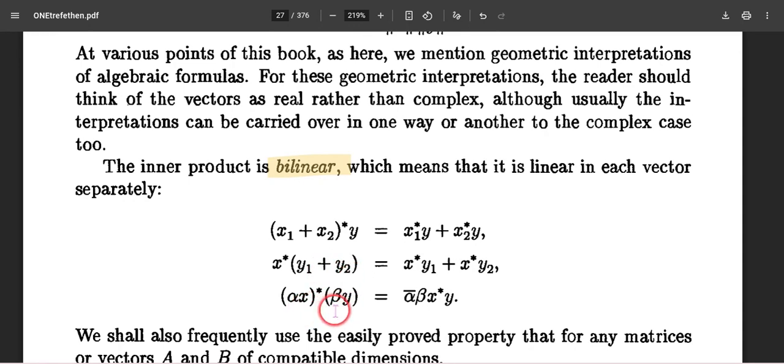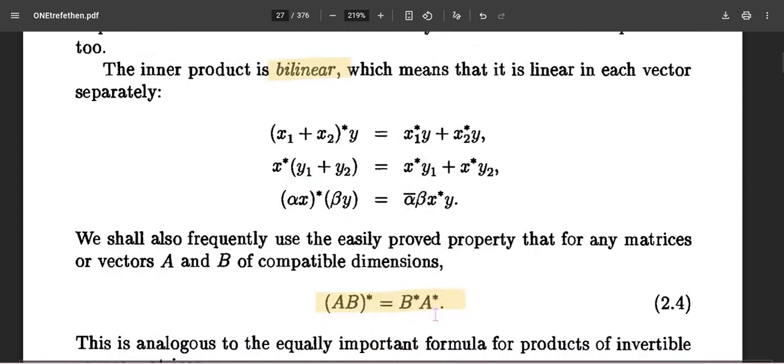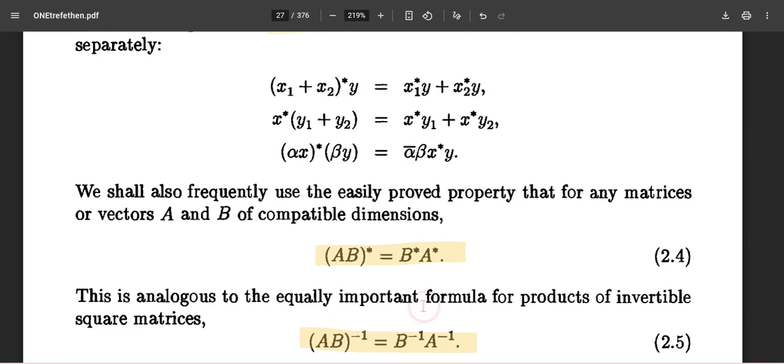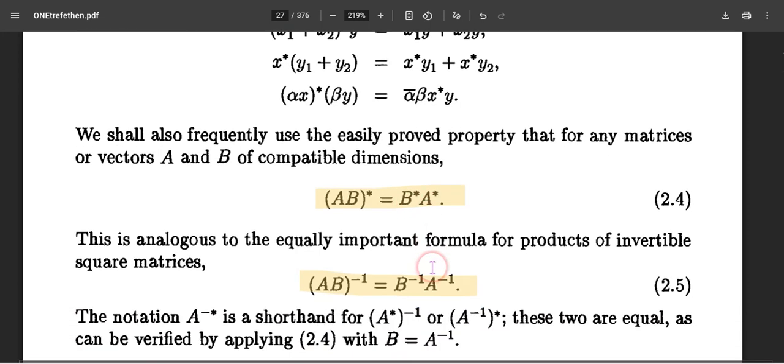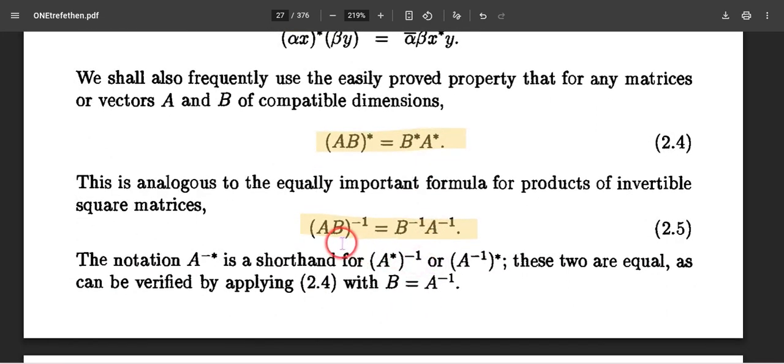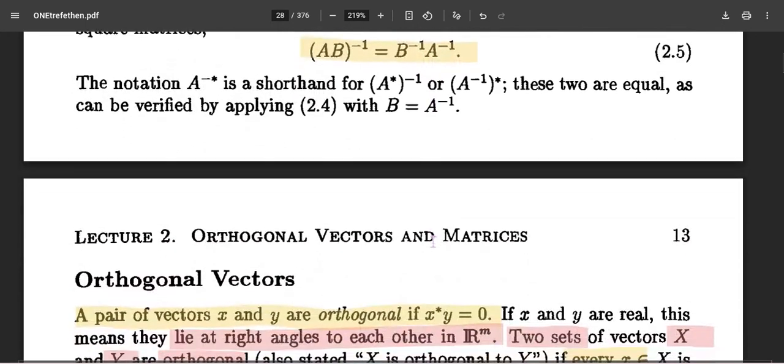Also, if we have any scalar multiplication, it can be taken out of the inner product. Similarly, coming to matrices, if we have AB and take its transpose, it will be equivalent to B transpose A transpose. Similarly, the inverse of AB will be B inverse A inverse.